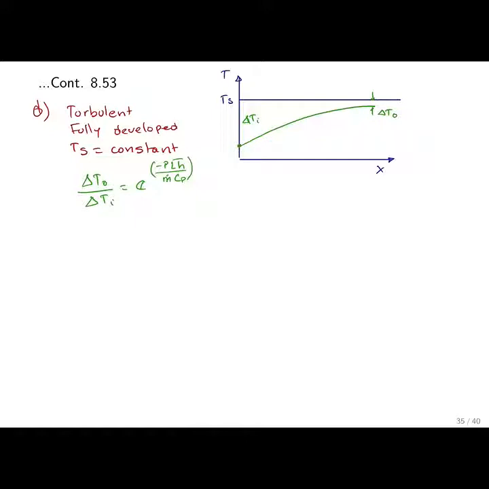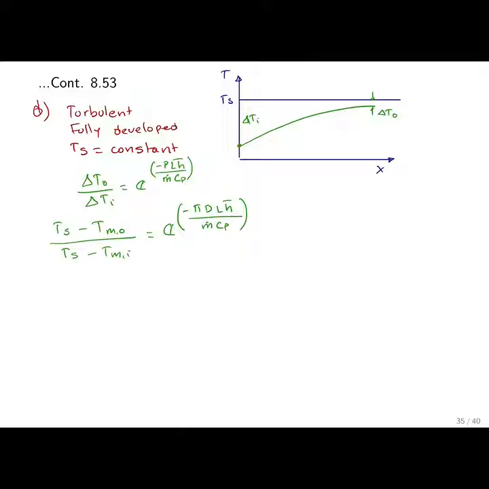Okay, so we have that delta T at the outlet, which is Ts minus the mean temperature at the outlet, divided by Ts minus the mean temperature at the inlet. So this is equal to e to the minus P, where P is the perimeter, equal to pi multiplied by the diameter, times the length times h average, divided by the mass flow rate and the specific heat.